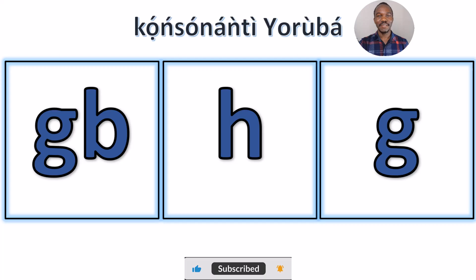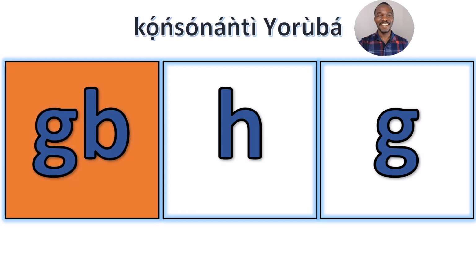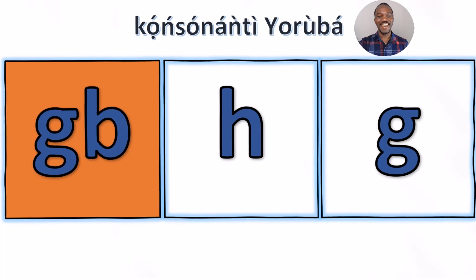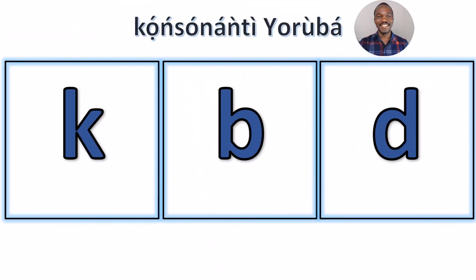B. The one to the left. Exactly. That's the tricky one. All right. Let's move to the next one. Which one says D? D. Easy. The one to the right. Exactly.